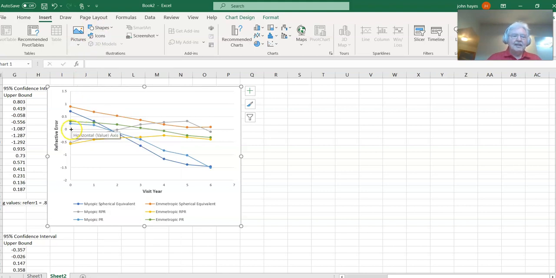Let's put this line in at 0, because we could do it at even, say, minus 0.5, or minus 0.75, like there. That would give us some information, for example, on spherical equivalents at kind of the average time. This is that fuzzy place, so I'm just going to do 0.5 instead of 0.75.